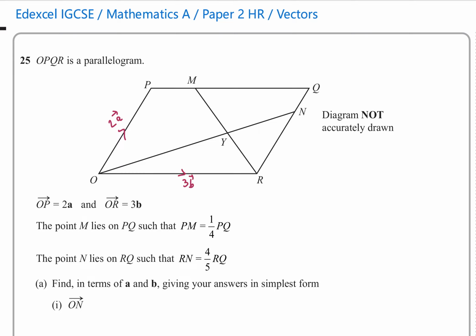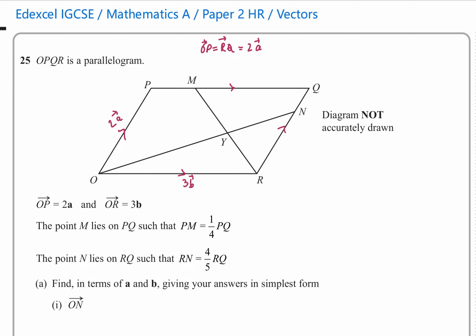Now because this is a parallelogram, OP is equal to RQ, in the same direction, and OR is equal to PQ. So we can write OP is equal to RQ, and that is equal to twice A, 2A.